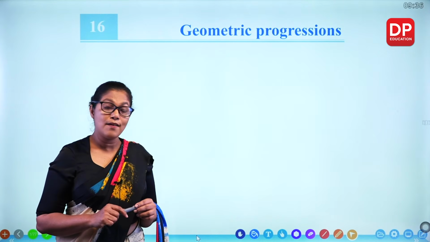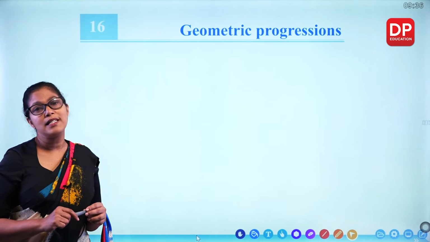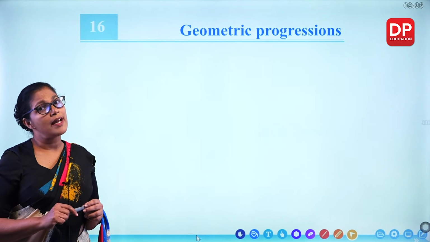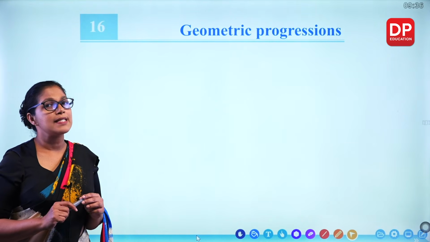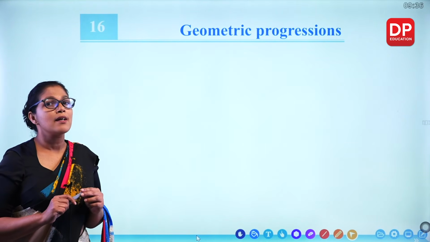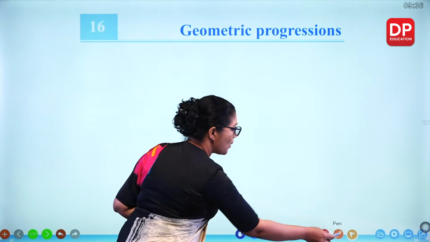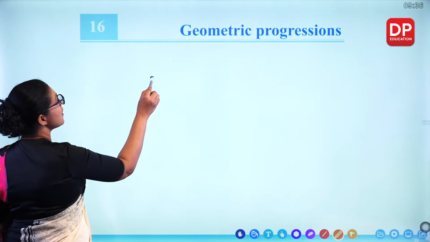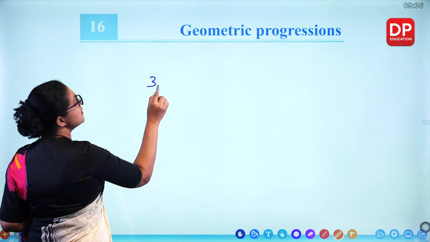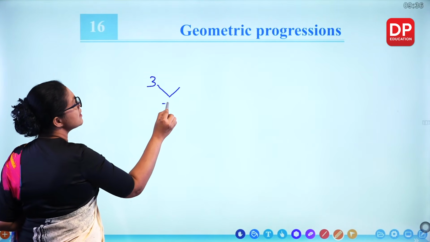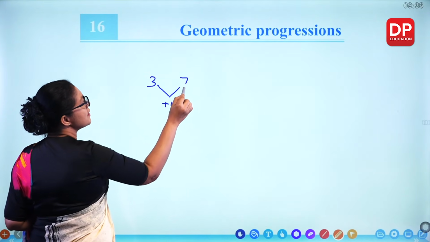In grade 10 we discussed arithmetic progressions. What are arithmetic progressions? A set of numbers with a constant difference. For example, we can take 3, add 4 to that, you get 7.